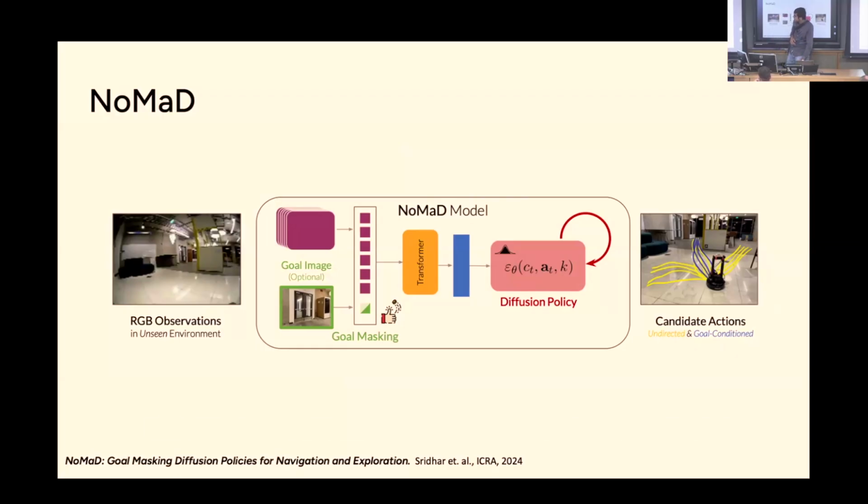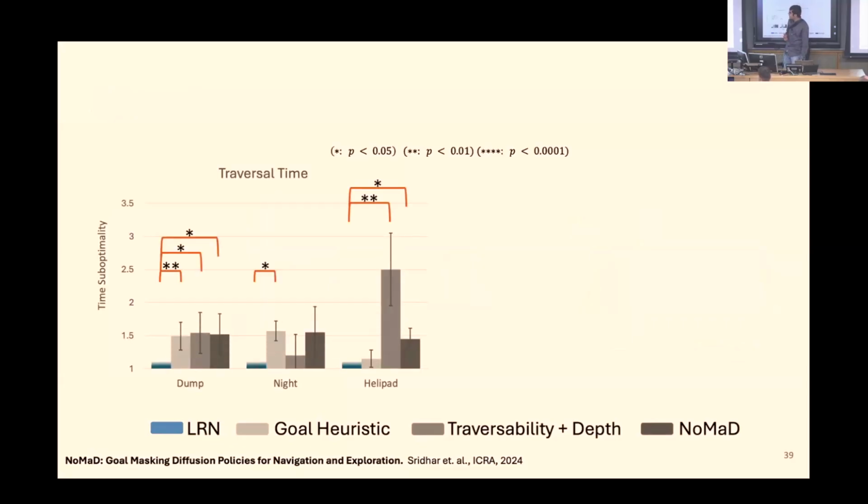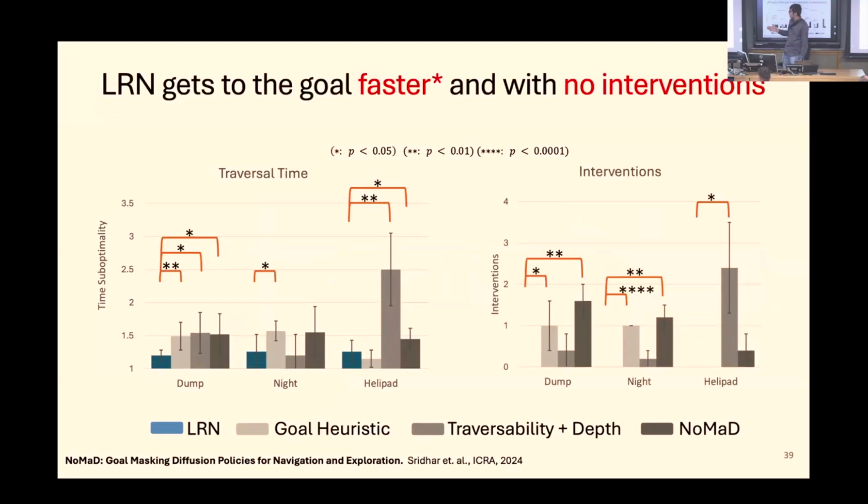So we ran each of these methods five times on each environment, and we can see statistically significant benefits of LRN for traversal times as well as leading to no interventions. There's a point about the helipad course leading to higher traversal time, which I'll get to towards the end.